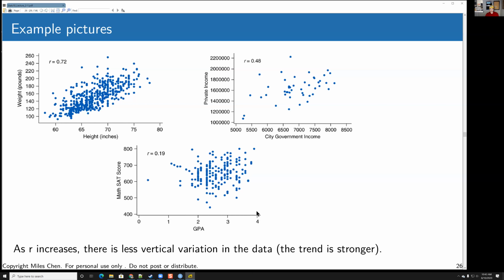That's just the general admission stats. But in the larger circle, is there a strong relationship between math SAT score and GPA? No, not necessarily.